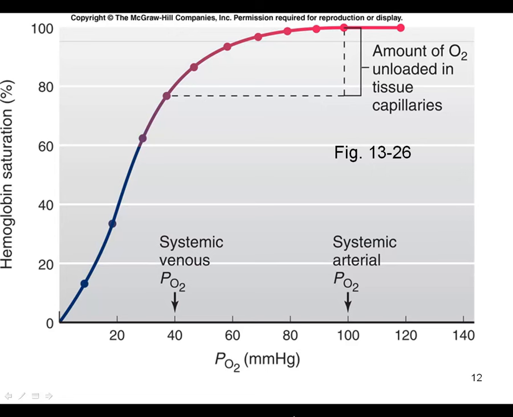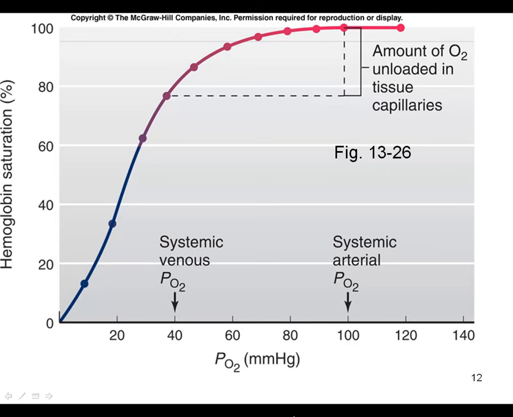What's the percentage of my hemoglobin binding sites that are occupied with oxygen? Well, if our arterial PO2 is 100, then our saturation is about 100%. Now, it's hard for people to be exactly 100% saturated, but they may be 99% saturated, 98% saturated.